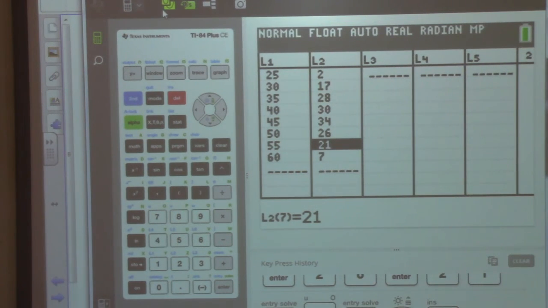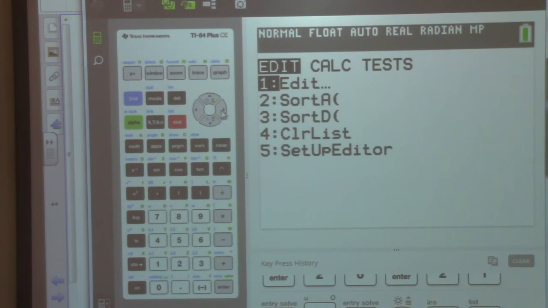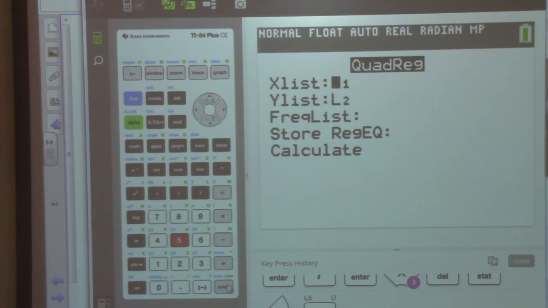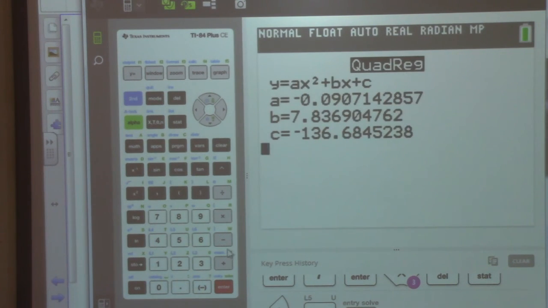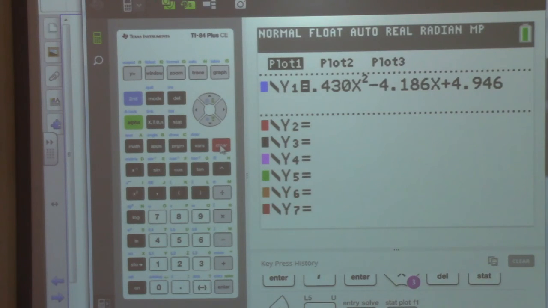Okay, what next? So stat, calc, 5, calculate, enter. So is this what you got? There we go. Okay, and if we put that in here, let's see, hang on a second.